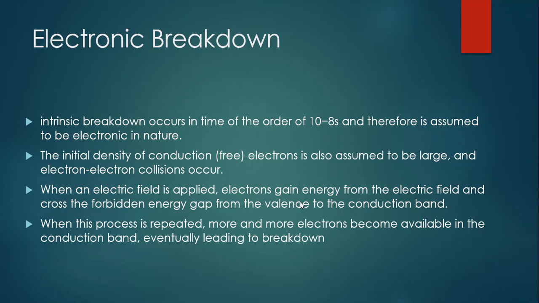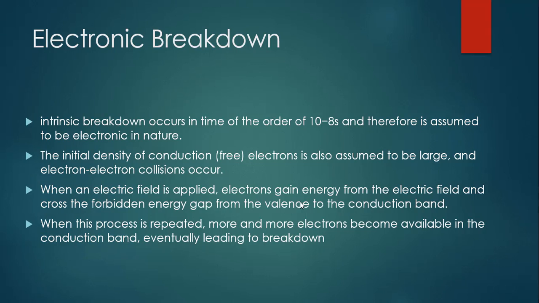That is, it only depends on the electrons. The initial density of the conduction or free electrons is also assumed to be large, and electron-electron collision can occur. When an electric field is applied, the electrons gain energy from the electric field and cross the forbidden energy gap from the valence band to the conduction band.